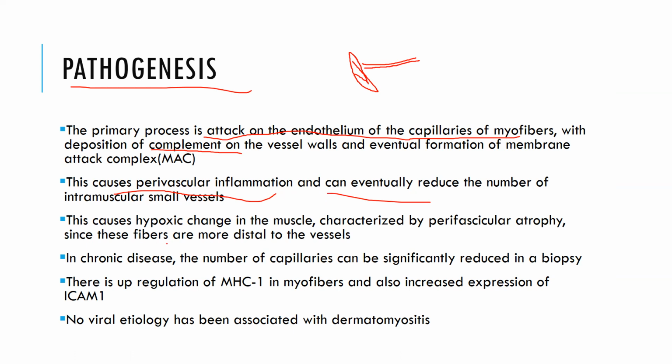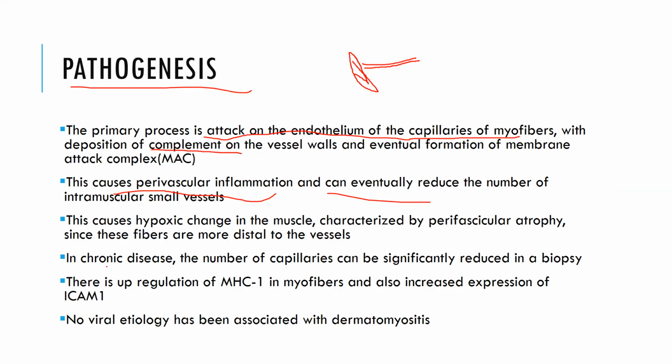Hypoxia damages the muscle fibers themselves, and they end up with atrophy, or you lose those fibers that are not supplied. So at the end of it all, someone progressively loses muscle fibers daily because of continuous inflammation that targets the endothelium of the capillaries that supply the myofibers of the muscle tissue.